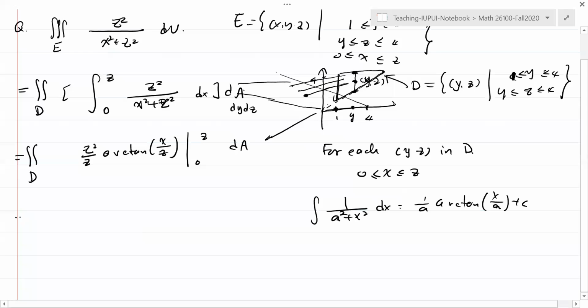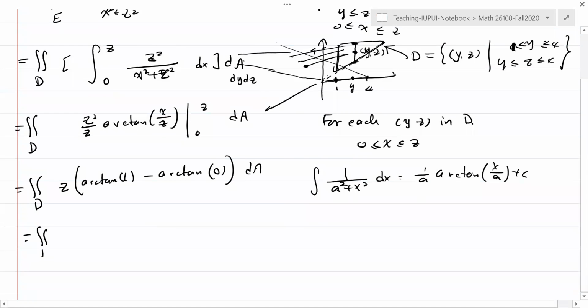Plugging in z for x, we get arctangent 1 minus arctangent 0. Arctangent 1 is pi over 4, and arctangent 0 is 0.